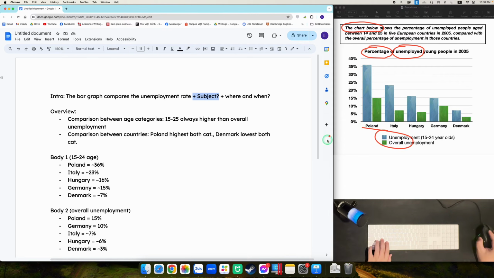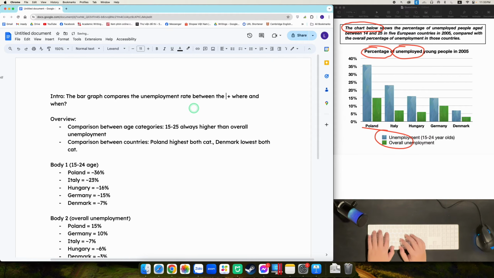Subjects are 15 to 24-year-olds and overall. And then the location and time.